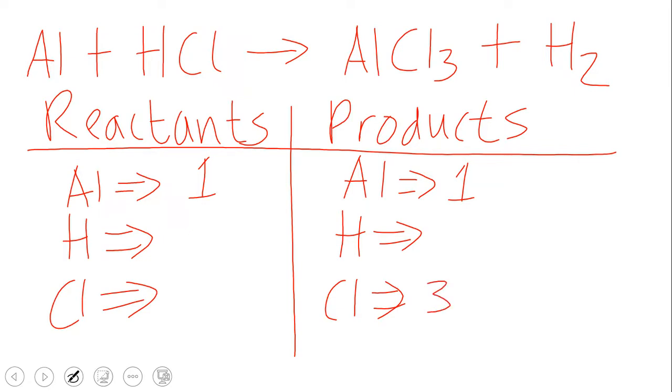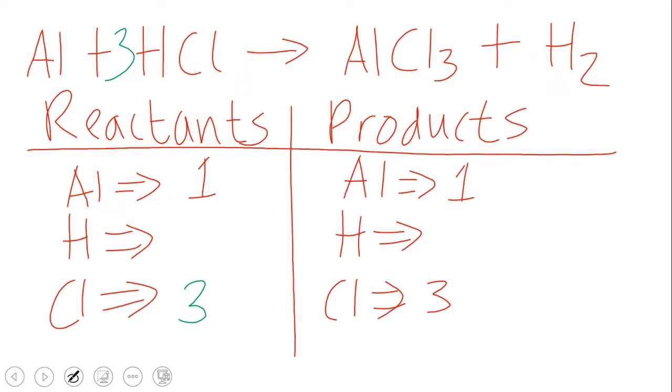In order to get this to be 3, we can just place a 3 here. Let's see if that works. If we place a 3 there, then both Cl are 3. But then let's see if that poses a problem.